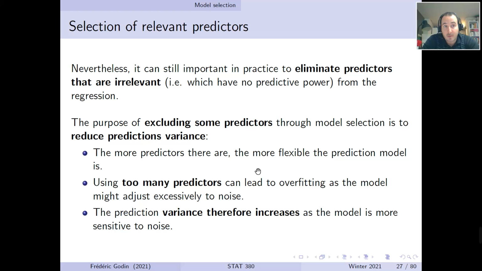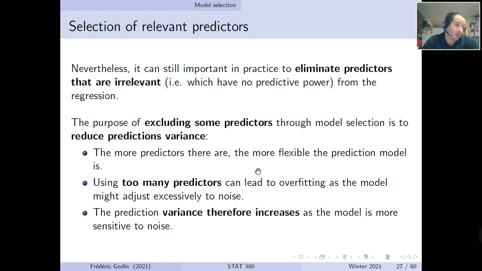Then, one thing you could say, well, I'll still be regressing y on x1, x2, and x3, and hopefully the coefficient beta 2 should be very close to 0 because it has no impact. Okay, but nevertheless, if you do that, the coefficient beta 2 might be small, but it's not going to be 0 exactly. Okay, so because of that, this will generate noise and generate variance in your prediction.